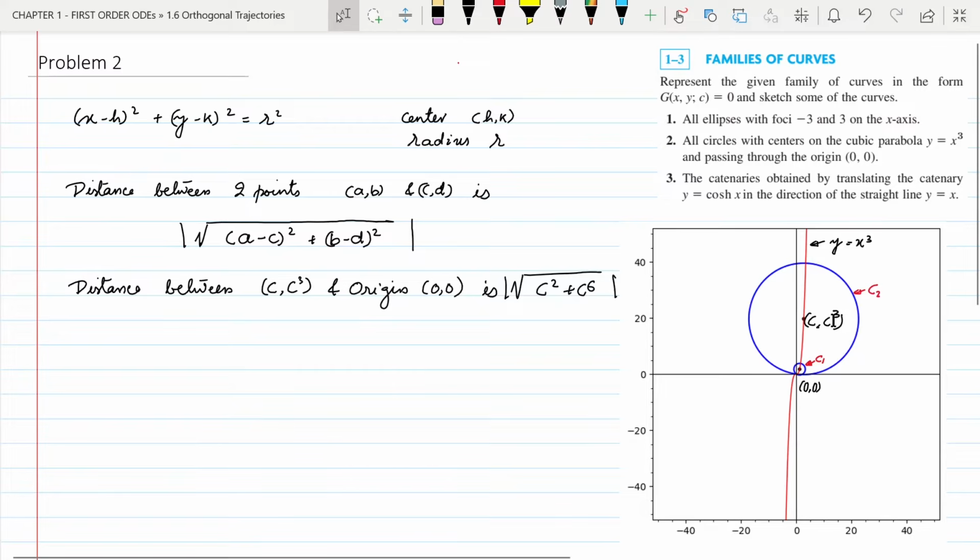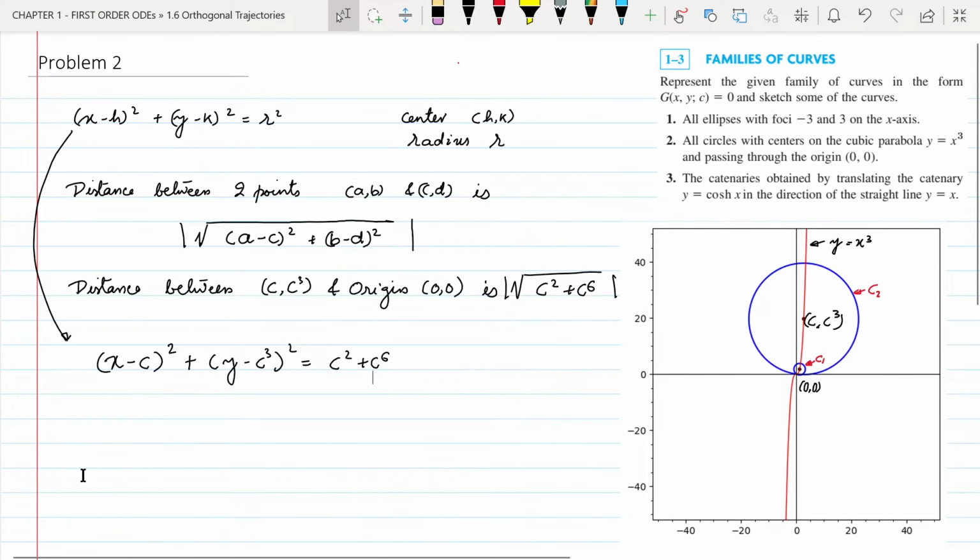Now we have a random point on the xy plane and its distance from the origin. So we can put those values in this general equation, that is, we can put h equal to this x coordinate c and k equal to this y coordinate c cube, which are the coordinates of the center, and this is the radius. So we can put this value in place of r and we can rewrite this equation as follows. You can see this term is r square and this was the radius. So the square and this square root term cancel out, and we have c square plus c to the power 6 on the right hand side.